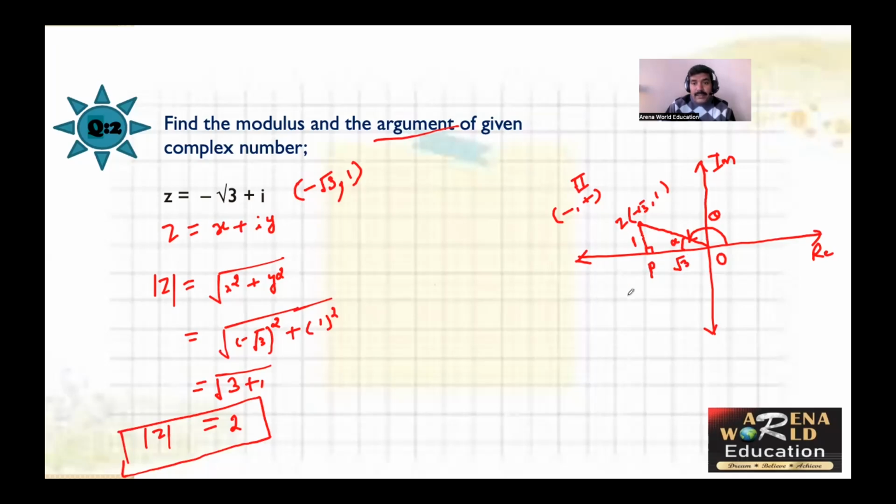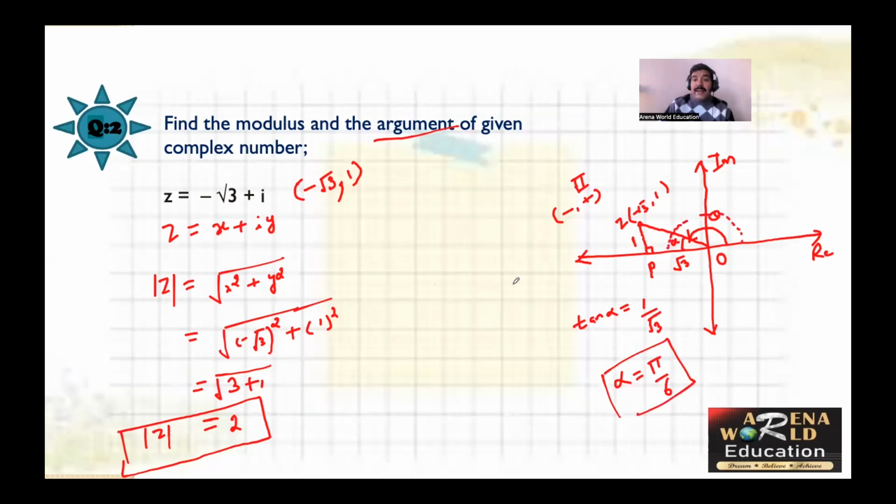So now, yes, tan alpha will be what? 1 upon root 3, right? If tan alpha is 1 upon root 3, so easily you can find alpha. Alpha is equal to pi by 6, right?